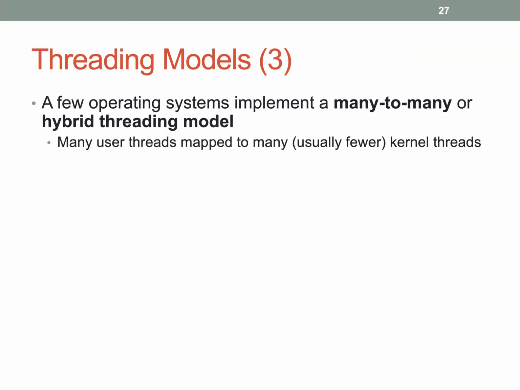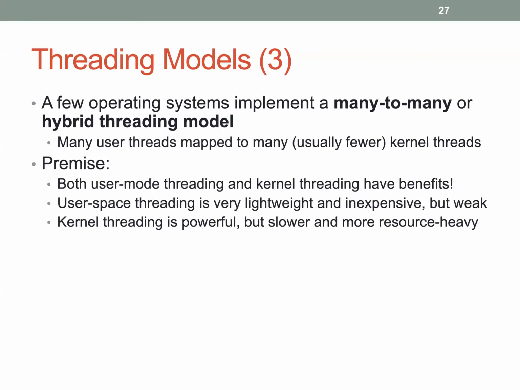The last one that I want to talk about, and I'll just introduce the notion and you can read about it more later on, is a many-to-many or hybrid threading model where you have some number of kernel threads and some number of user threads, and typically the number of kernel threads is less than the number of user threads, and the OS now has a complex problem to solve of how to map user threads to a smaller number of kernel threads.